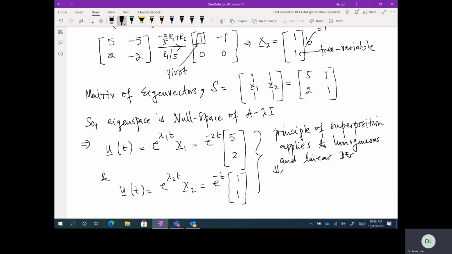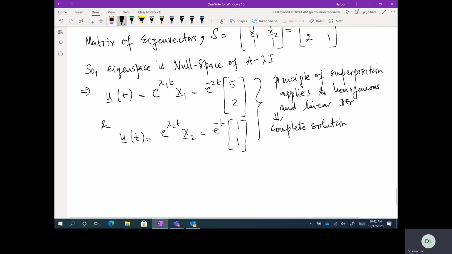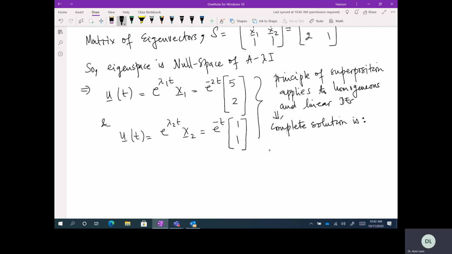So this implies the complete solution is of this form: u of t is equal to C1 e to the lambda 1 t x1 plus C2 e to the lambda 2 t x2. This is my complete solution.